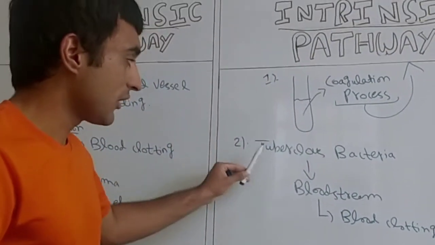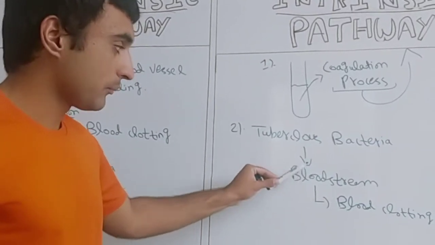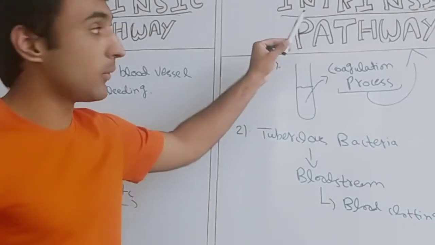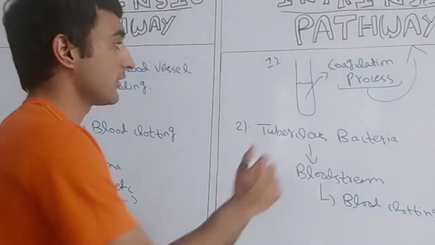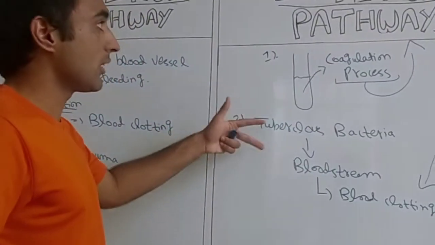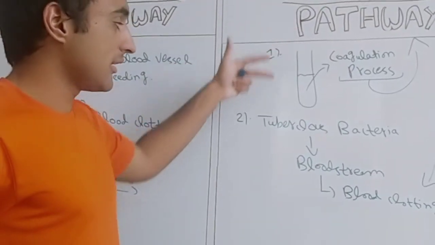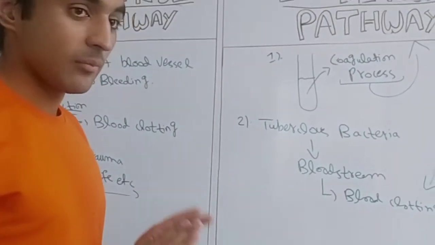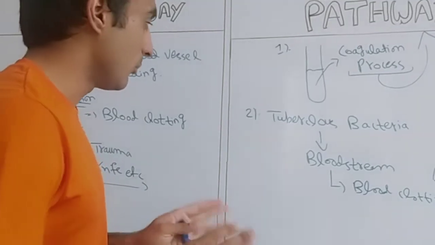So when tuberculous bacteria enters into the bloodstream, the intrinsic pathway is activated, and this intrinsic pathway in turn starts the process of blood clotting. So these are the two conditions when the intrinsic pathway is activated within the blood. This mechanism occurs within the blood.